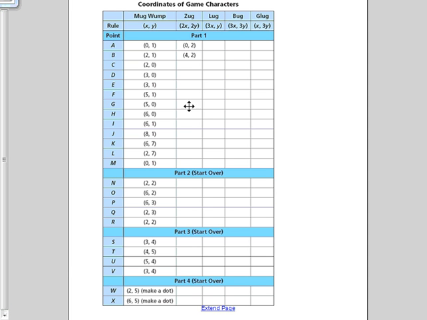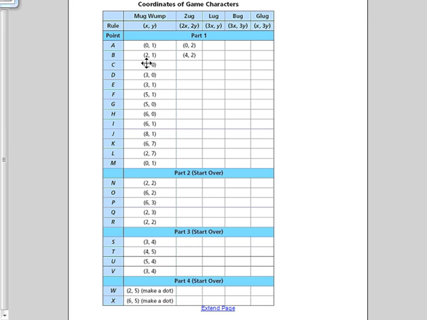The next step in this is going to be to follow this rule, 2x and 2y. What that means is you're going to go back to Mugwump, which is just x, y, and you're going to multiply each of these coordinates by 2. So 0 times 2 and 1 times 2. That gives you the coordinates (0, 2).